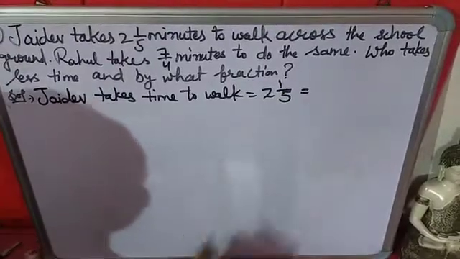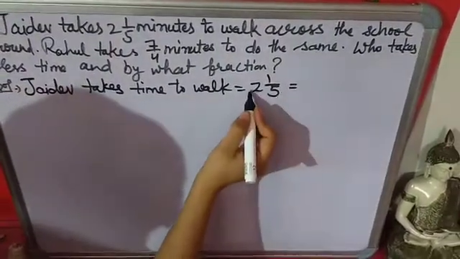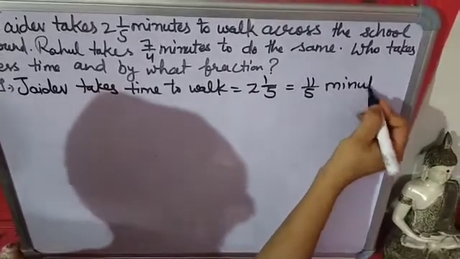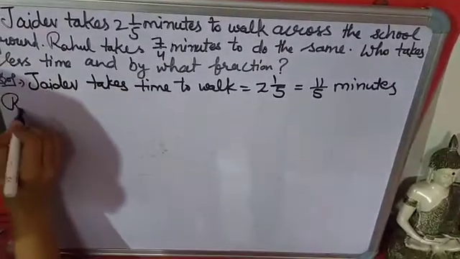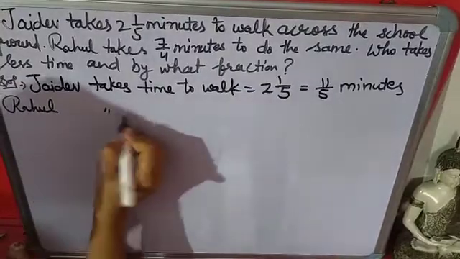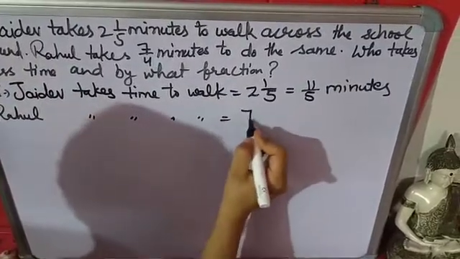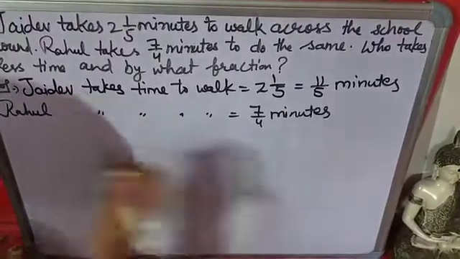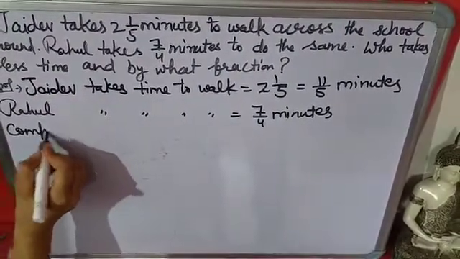Change this mixed fraction into improper. 5 ones are 5, plus 1, 6; 5 twos are 10 plus 1, 11. 11/5 minutes. Then you will write Rahul takes time to walk 7/4 minutes. Now you have to do comparison.